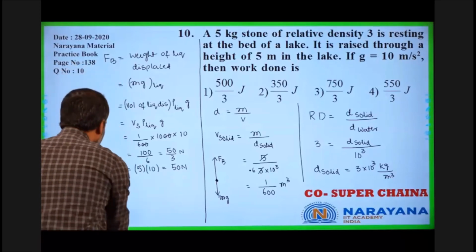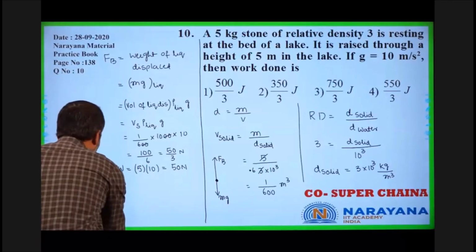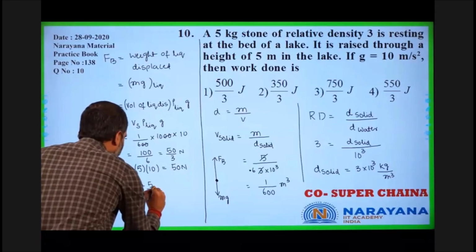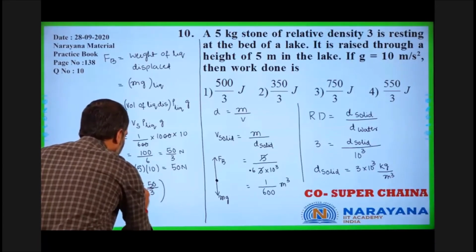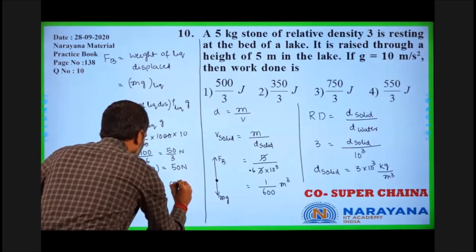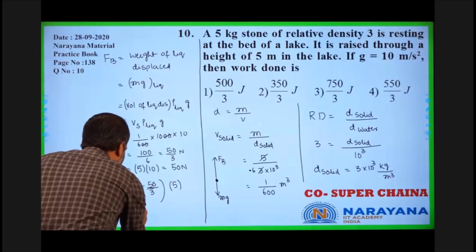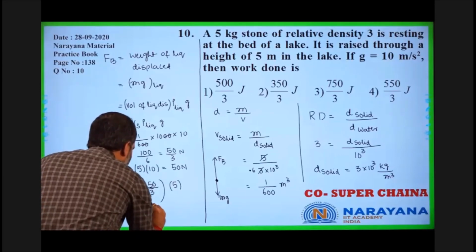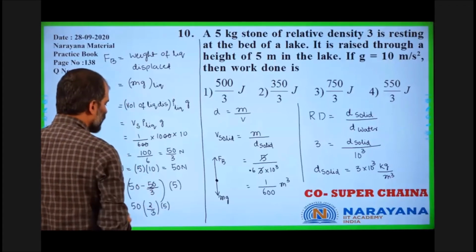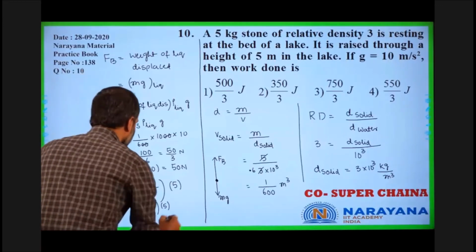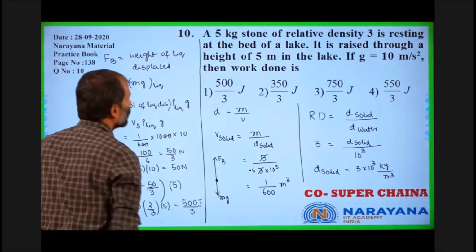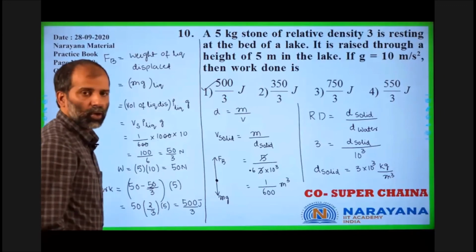So now your work done is equals to 50 minus 50 by 3, into the displacement, which is 5. Okay, so 50 can be taken common, 1 minus 1 by 3 is 2 by 3, into 5. Right, 5 5s are 25, 25 into 2 is 50, so it is 500 by 3 joules, which is matching with your first option, right?